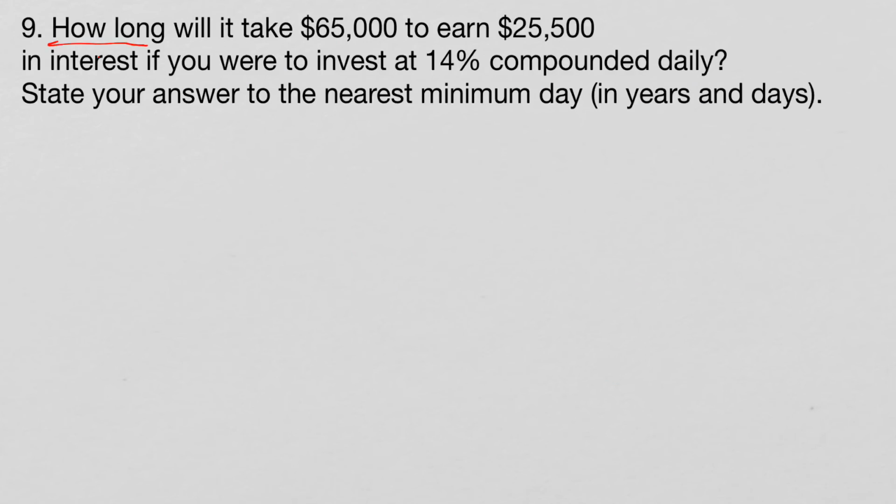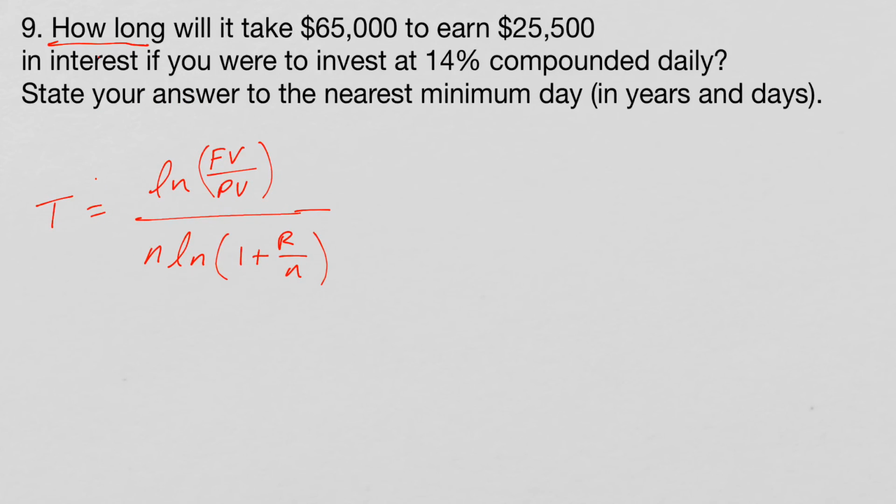Okay, again, this is how long, so we're after time. So I'm going to use the same formula as I did in the last step. Okay, there it is. And now this is $25,500 in interest. That's not our future value. So when we do this, we're going to have the log of our present value is this.